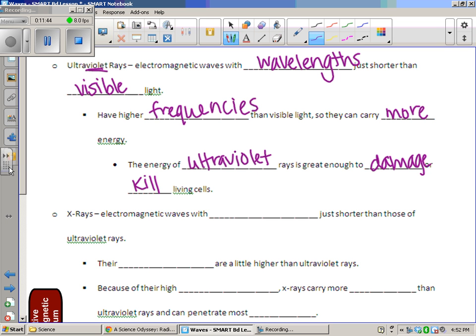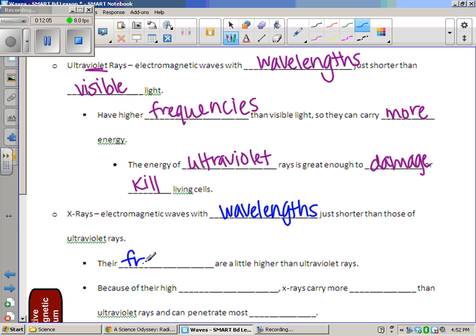The next ray that we'll talk about are X-rays. These are electromagnetic waves with wavelengths just shorter than those of ultraviolet rays.